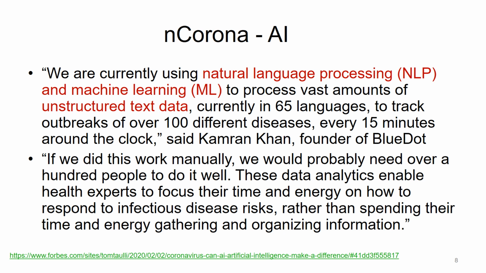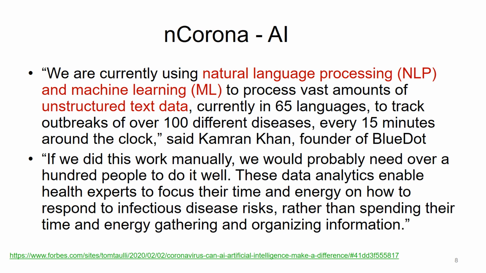So you see here what Blue Dot says. They are currently using NLP, natural language processing, which is also a branch of artificial intelligence or a component of AI, and machine learning to process vast amounts of unstructured text data. Currently, they process data in 65 languages to track outbreaks of over 100 different diseases every 15 minutes around the clock.